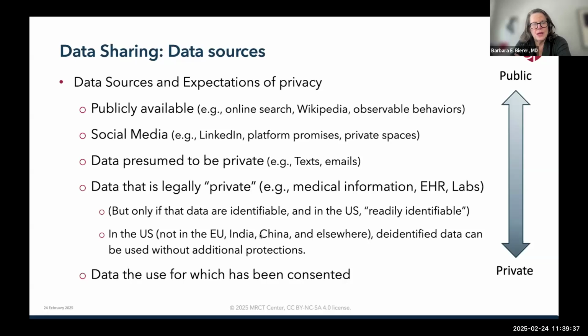People are used to having publicly available data, and that, for the most part, is also true with social media. Certain things one really assumes are going to be more or less public. What you post on something like LinkedIn or Facebook, you have a certain control over the privacy settings, but in general, that is not considered a private platform.